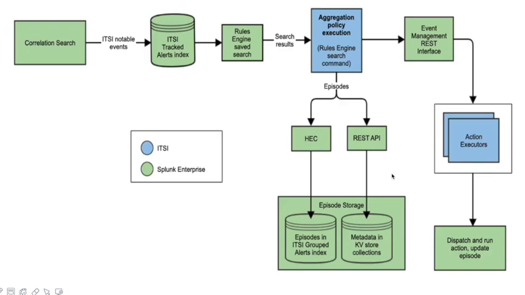This is with respect to the system, and for the user it goes to the itsi_notable_group_user KV store collection. So these are the names of the collections. I will give the details of all the indexes and KV store collections used by the rule engine. I'll put it in the comments.